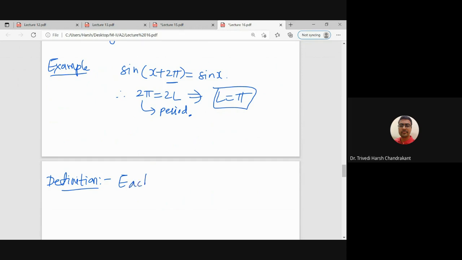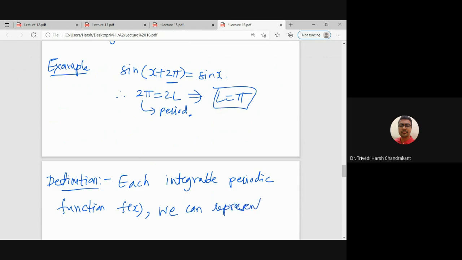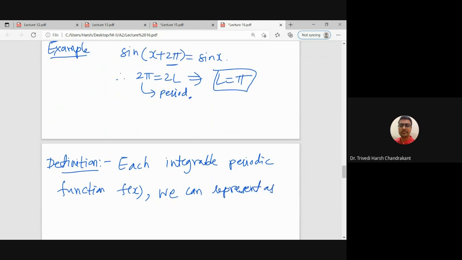So each integrable periodic function f(x) we can represent as a Fourier series.